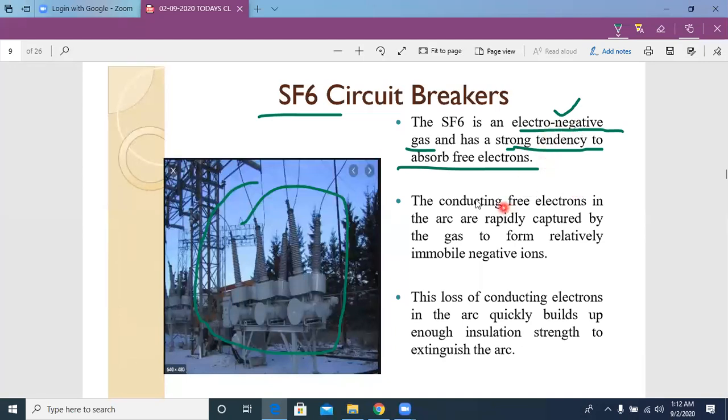One more thing, this gas is inert in nature, and it is also a non-toxic gas.